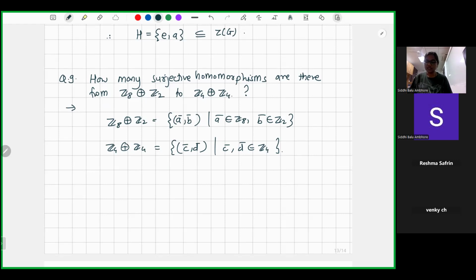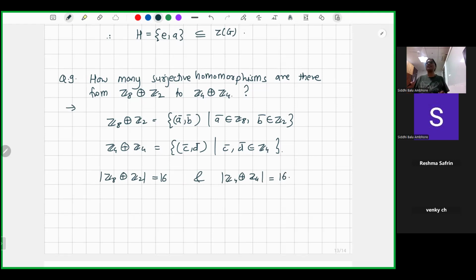First of all, understand both these groups: what is the cardinality of this group? Both groups have cardinality 16. The cardinality of Z8 direct product Z2 is 16, and the cardinality of Z4 direct product Z4 is also 16.